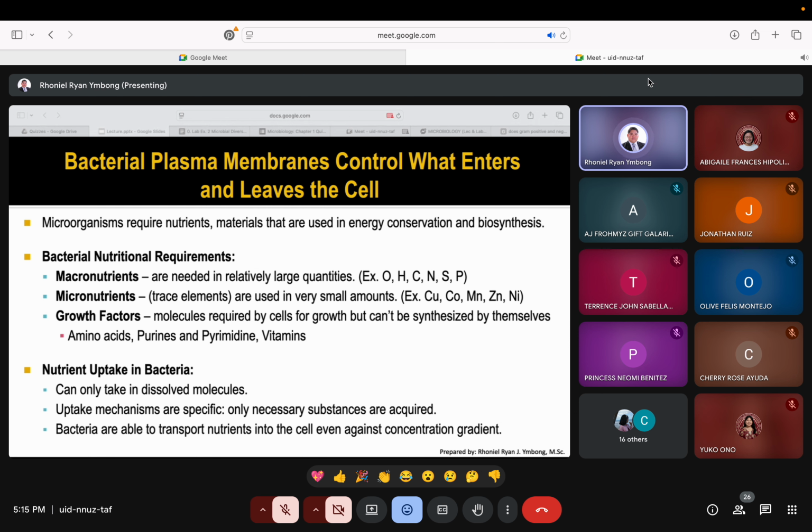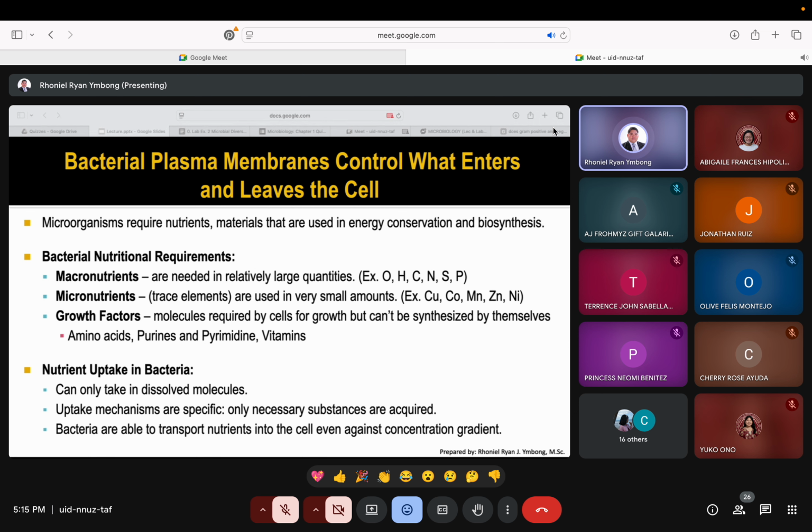No? So if the quantity is quite large, the needed quantity is large, then these are now what you call macronutrients. So your macronutrients can be in the form of oxygen, hydrogen, carbon, nitrogen, sulfur, and phosphorus. So these are just common elements po na needed po sa ato ang eukaryotic cells. No?